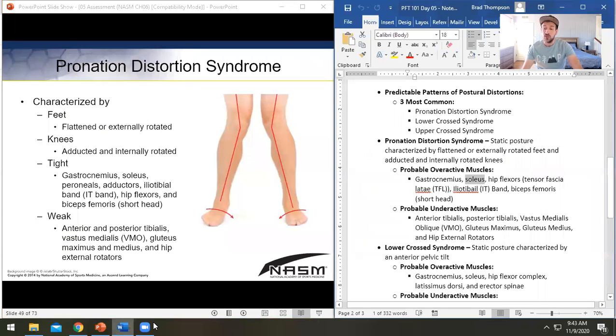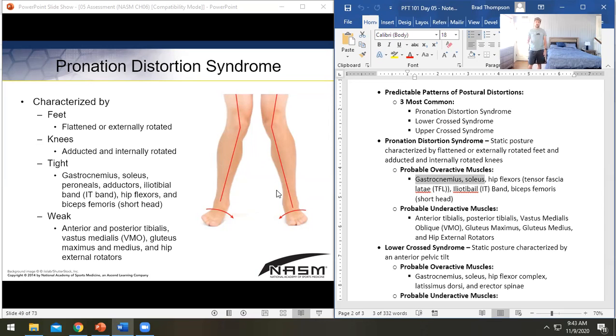So those are two of the most common overactive muscles that are often causing this, right? The reason why is because what those muscles do is they do plantar flexion, right? So the gastrocnemius does this. My soleus does this, right? It's in charge of pointing my toes down, which raises me up, right?